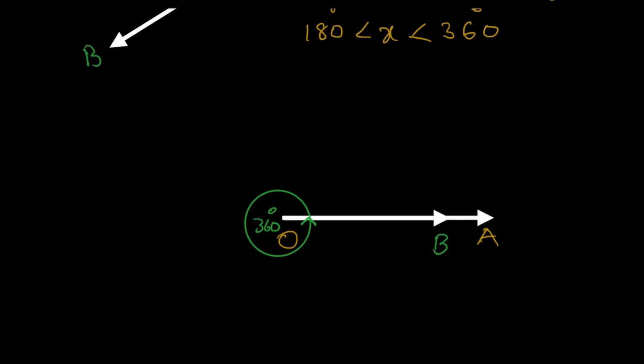This is called a complete angle. Because one rotation is completed, it is called a complete angle. Its value is equal to 360 degrees.